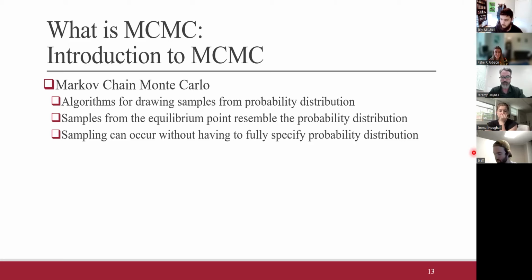When the MCMC gets to an equilibrium point, when it doesn't bounce around quite a bit, and we'll see later on what that actually looks like, it will resemble that target probability distribution. And that's how we can get from the joint to the posterior. Weirdly enough, we can actually sample from the joint distribution using MCMC without having to fully specify the target probability distribution, that is, the posterior.